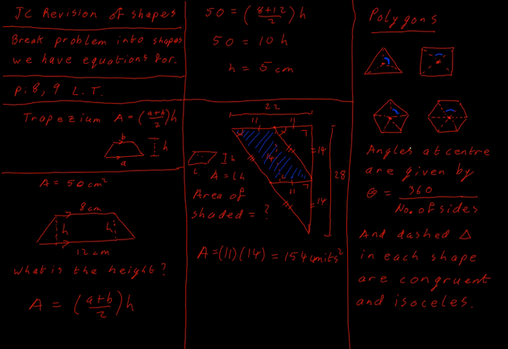Now, those facts allow us to find out basically any angles and any sides we want in a polygon. So again, put in the center of the polygon, draw in your dashed lines from the center to the vertices, to the corners, and then you're going to get your congruent isosceles triangles.